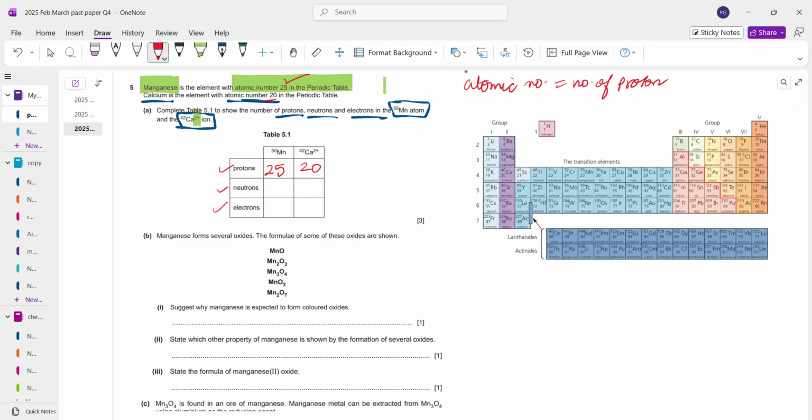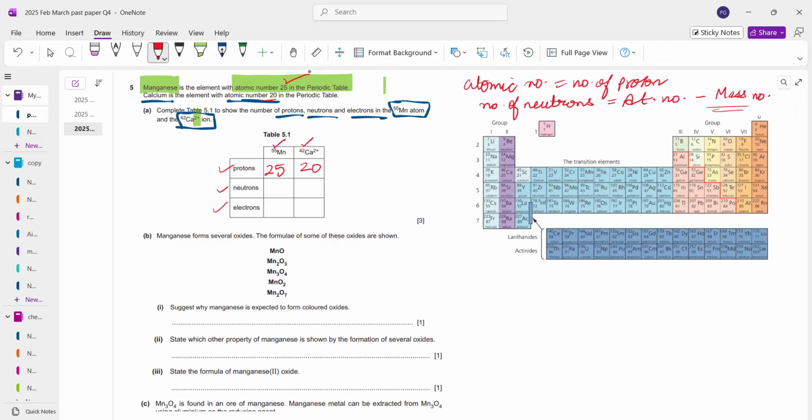Now, how to find number of neutrons? So number of neutrons is always equal to the mass number minus the atomic number. Now, atomic numbers are with us. For manganese, it's 25, calcium, it's 20, and mass numbers are also with us. Mass numbers, please note they are written here.